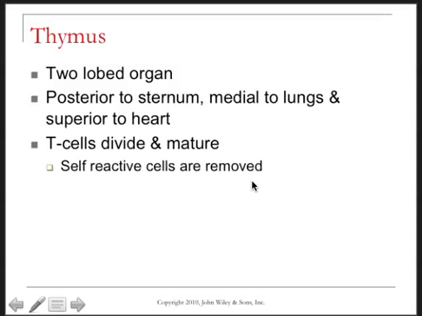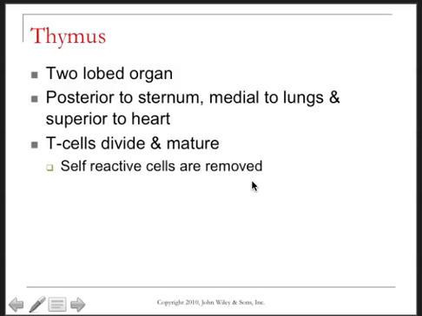So self-reactive cells are removed, and competent cells are produced, and cells that weren't competent before but are tolerant are now activated. This is a series of chemical interactions that occur inside this organ that now render this cell population capable of going out and populating the other immune organs.